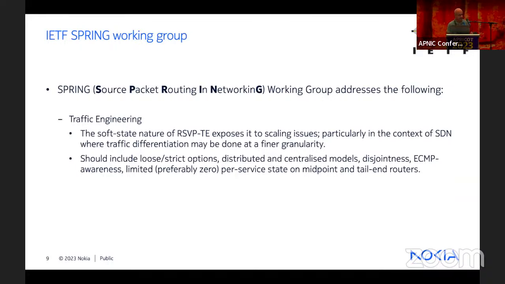Traffic engineering, I've already mentioned that. The soft state nature of RSVP-TE causes it to experience a number of scaling issues. So we had to get around that whole concept of state in the midpoints. There's also a requirement that we should be able to get most of the functionality that we already enjoy with RSVP-TE, right?